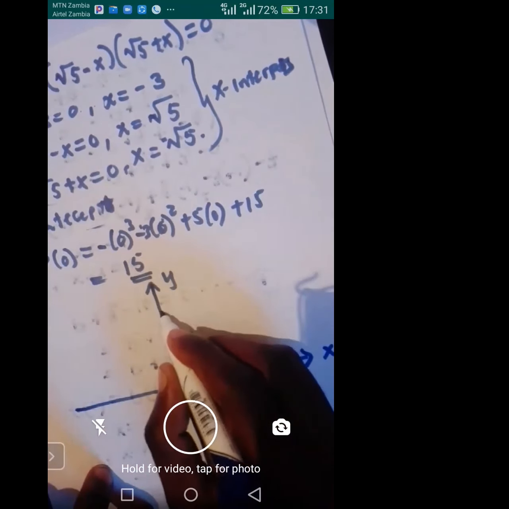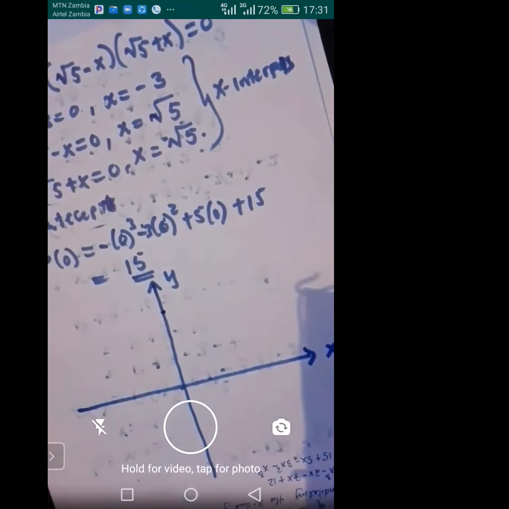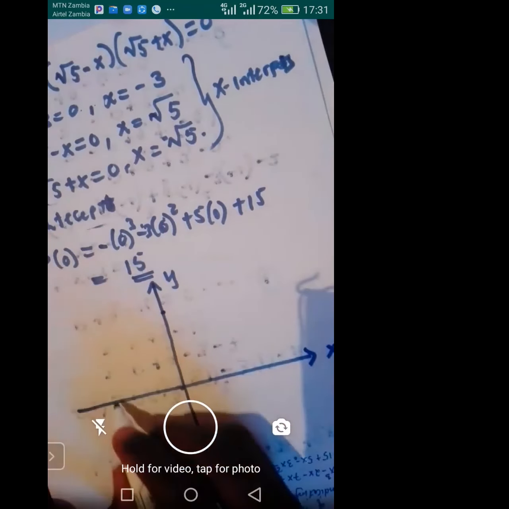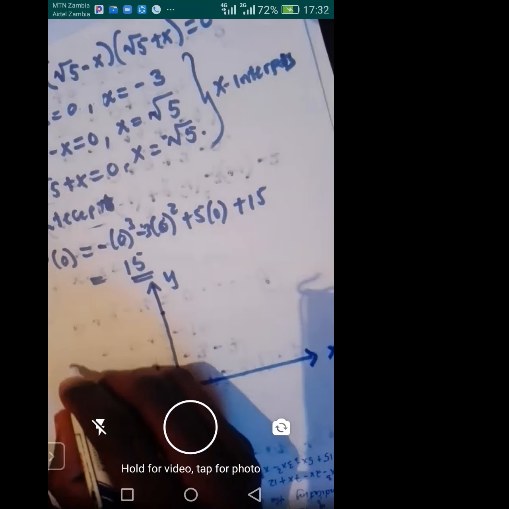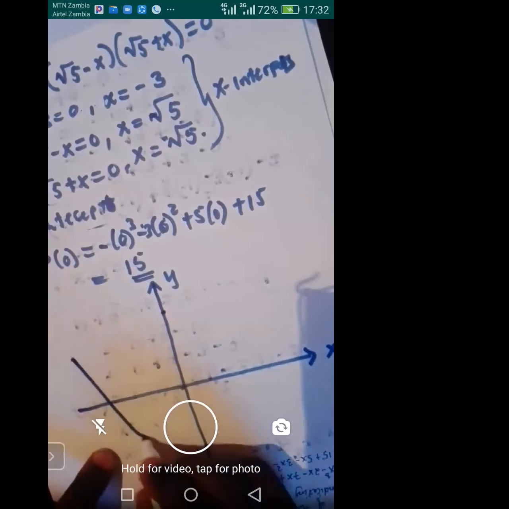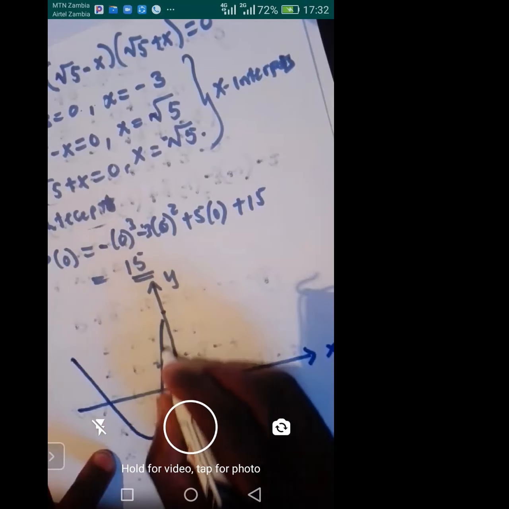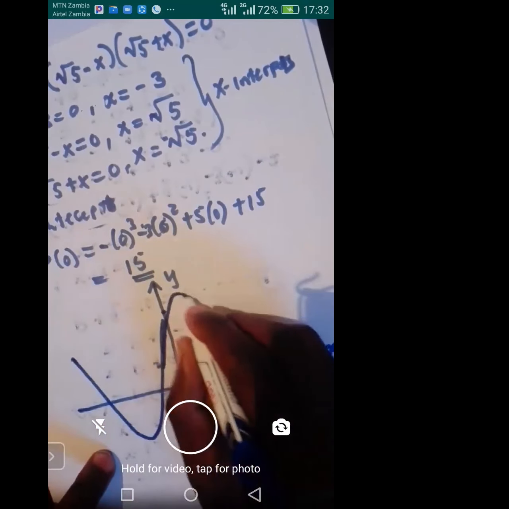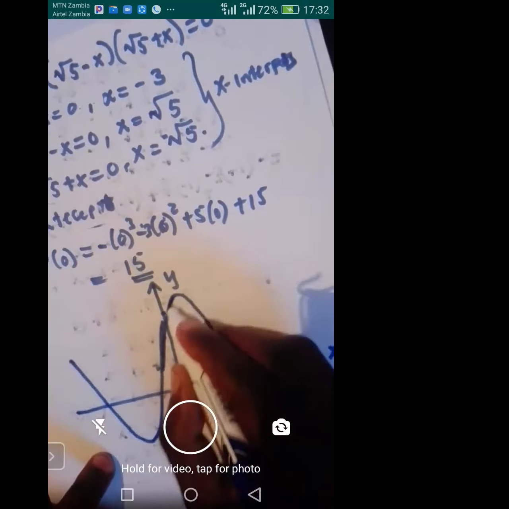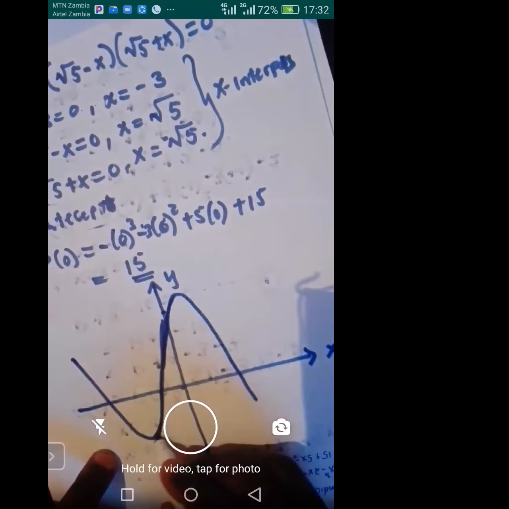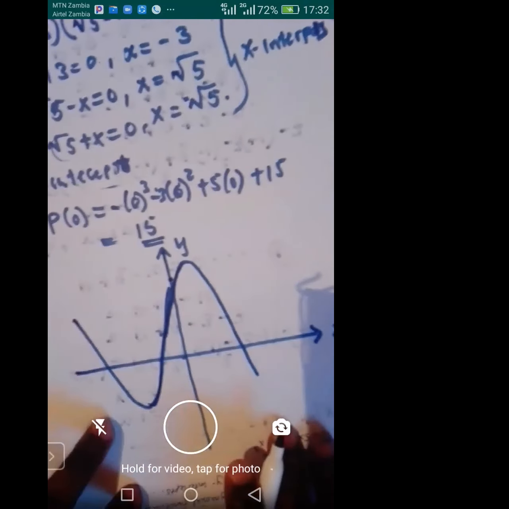So guys, this graph will look something like this. It will go maybe somewhere like that, then it will come like that. So that's what we are going to have.